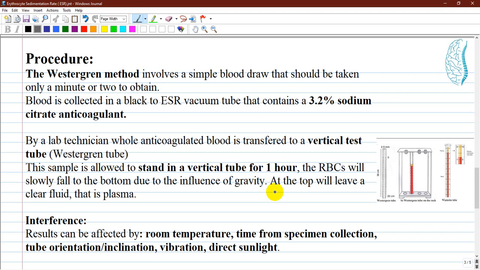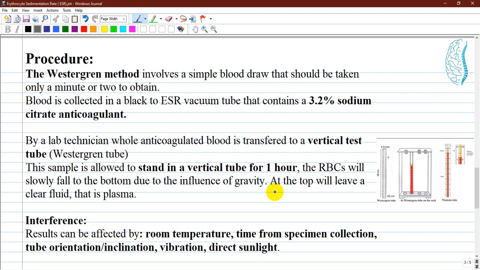The blood is typically collected in a black-top ESR vacuum tube, which contains 3.2% sodium citrate anticoagulant. The sample must be in its own tube and cannot be combined with other tests due to the volume required.